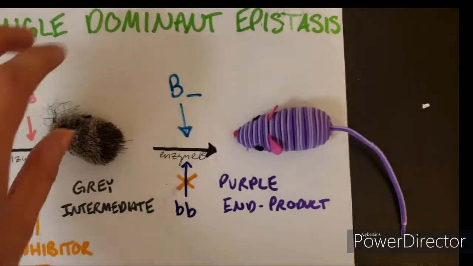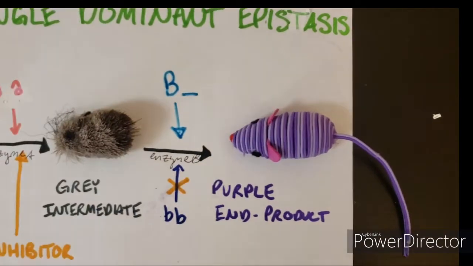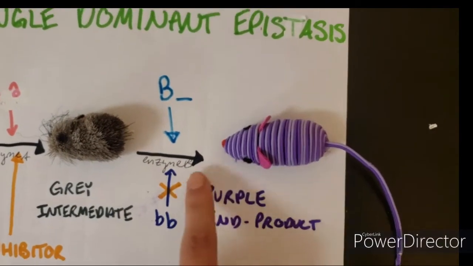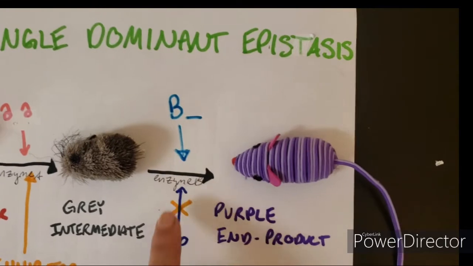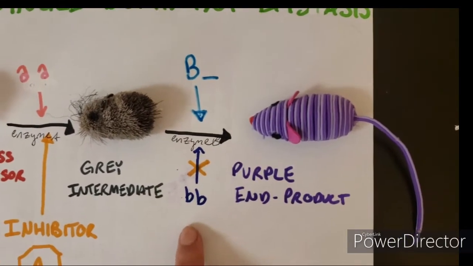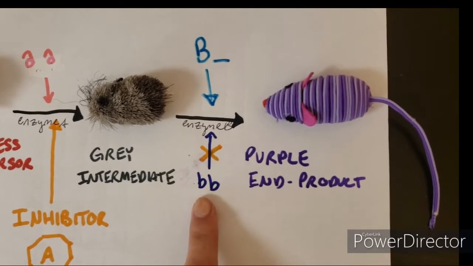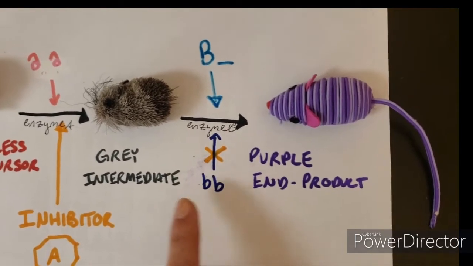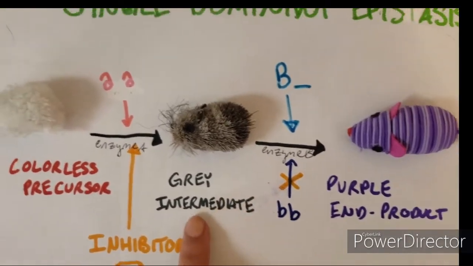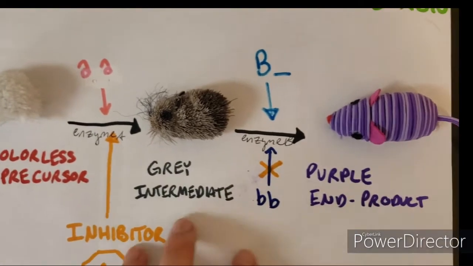If we want to get our purple end product and the mouse turns gray to purple, we have the expression of capital B from our second gene, but if the lowercase b from our second gene is expressed, it inhibits the gray intermediate and it will keep the gray intermediate, no purple end product.